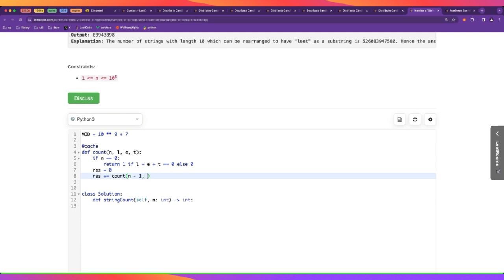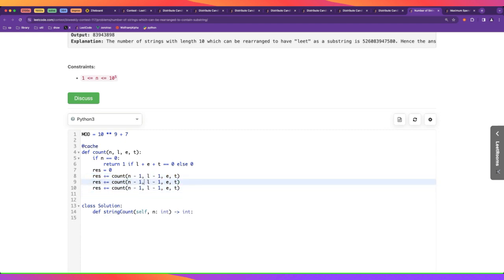So here, if it is an L, we subtract 1 from L, if it's an E, we subtract 1 from E, and if it's a T, we subtract 1 from T. But notice that we don't want to have a negative number of L's, because otherwise we'll have too many subproblems here. We'll have too many possible values for L, too many possible values for E, and so on.